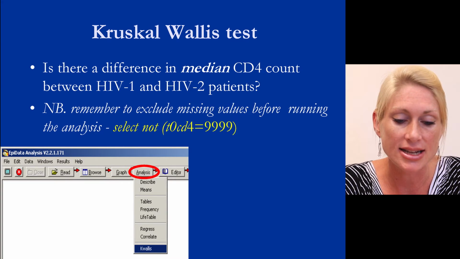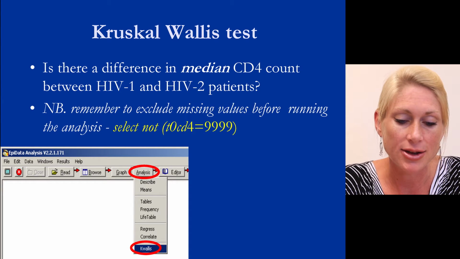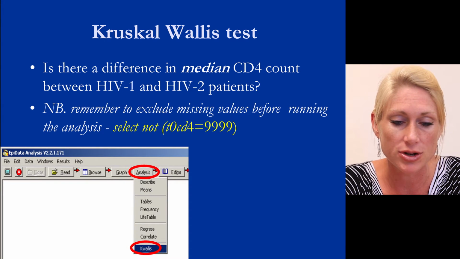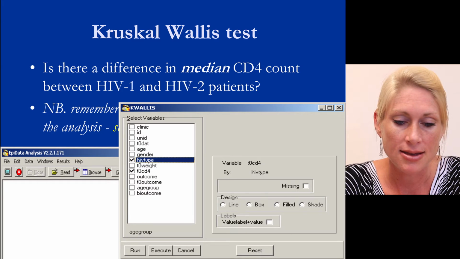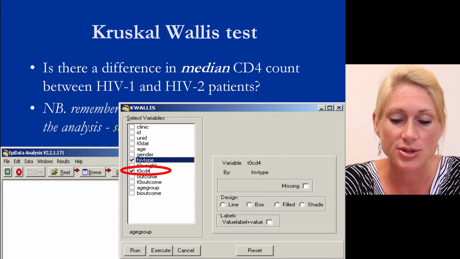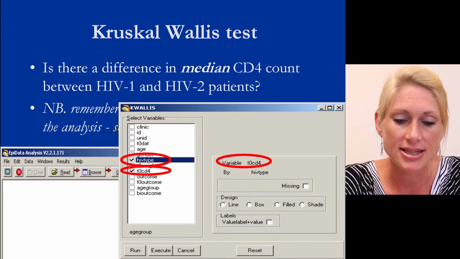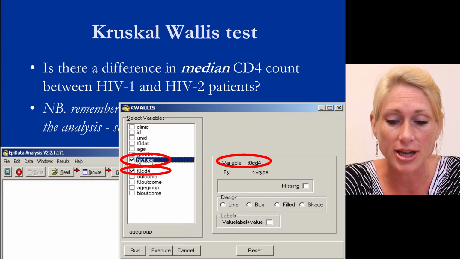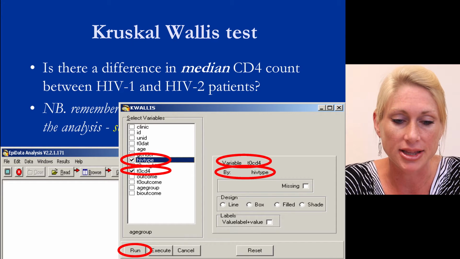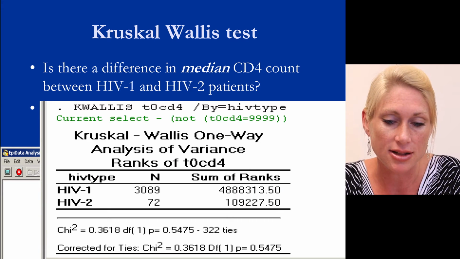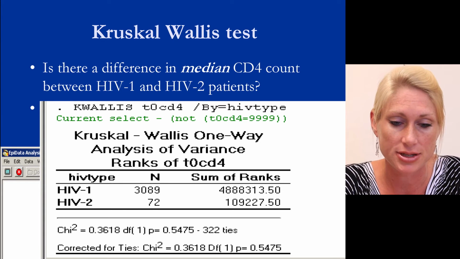I click on Analysis, and this time I click on K Wallis in the drop-down box. Here, I select my continuous variable first of all, and then I select my categorical variable, HIV type, and click Run. And here is the result of that output.